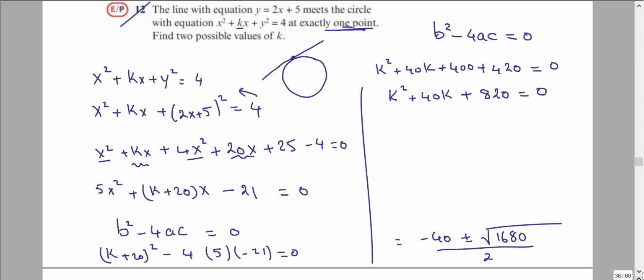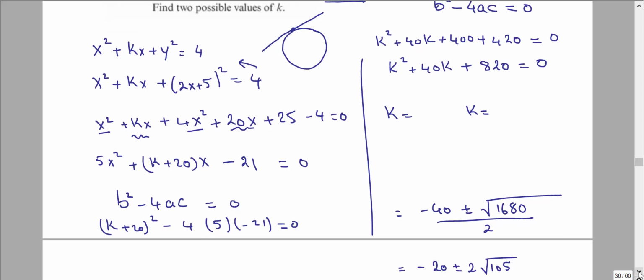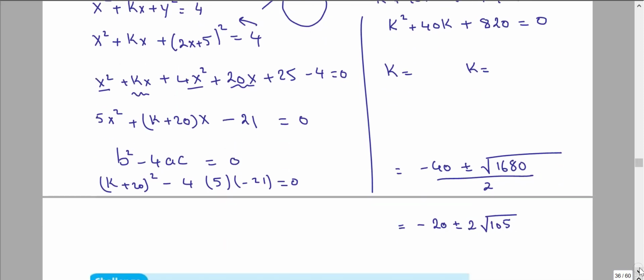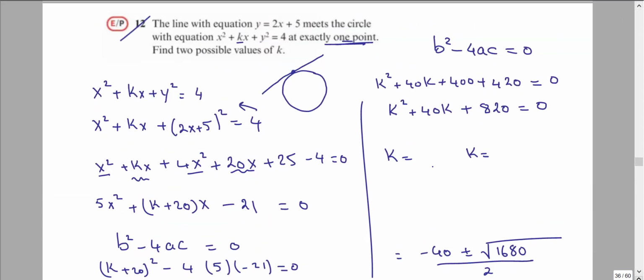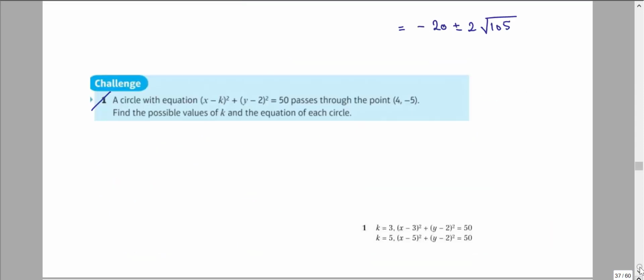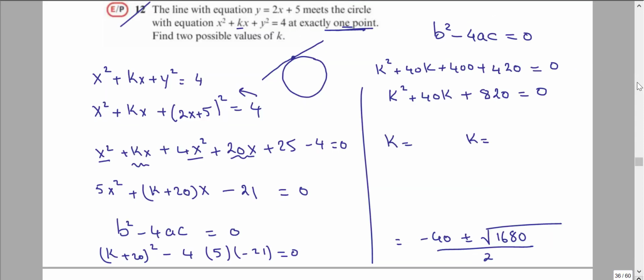Put this on the calculator and tell me what k will be. Minus 40 plus square root 1680 over 2. Negative 20 plus 2 square root 105.